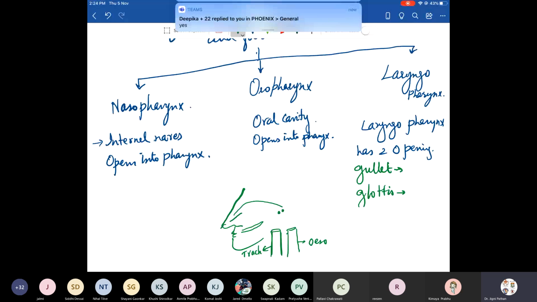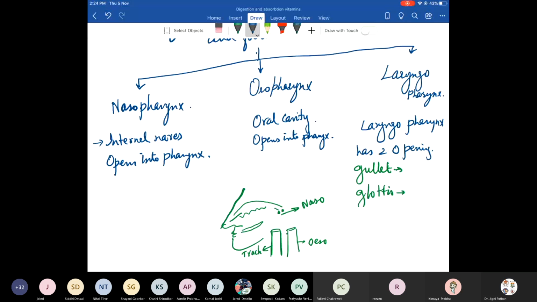Yes. So when the air enters through the nose or the nasal cavity, it passes through the internal nares, and the immediate region is called nasopharynx. Got the point, Deepika? The air entering the nasal cavity passes into the pharynx region through the two openings, those are called internal nares.